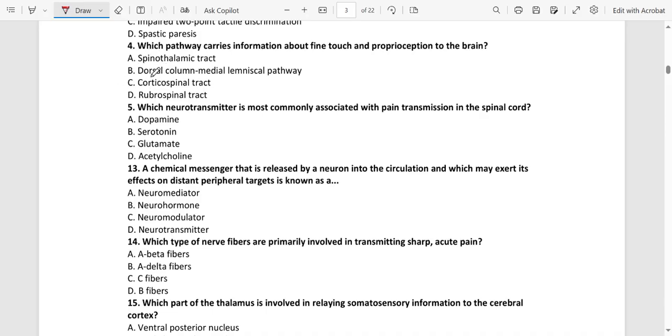All right. Number four is asking which pathway carries information about fine touch and proprioception to the brain: spinothalamic tract, dorsal-column medial lemniscal pathway, corticospinal tract, or rubrospinal tract. Anyone that wants to give it a try?